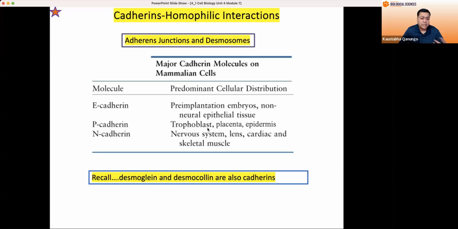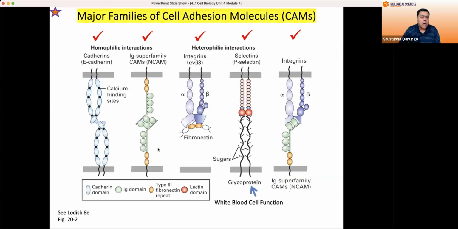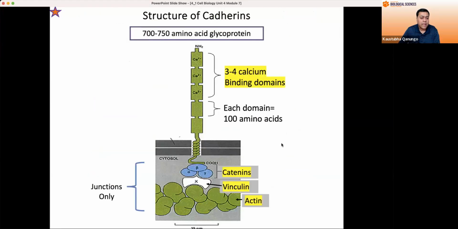They are in the trophoblast, the embryonic layer, and the epidermis. You see the P-cadherin. N-cadherin is a neural cadherin, found in nervous centers, lens, cardiac, and skeletal muscle. We see that. And also remember that desmoglein and desmocollin, which are found in the desmosomes, are also a type of cadherin, and these are all homophilic interactions, meaning both of them are the same type.